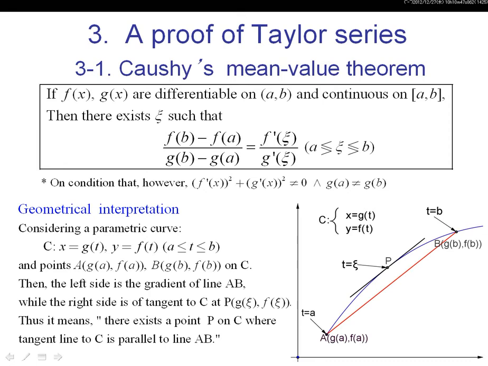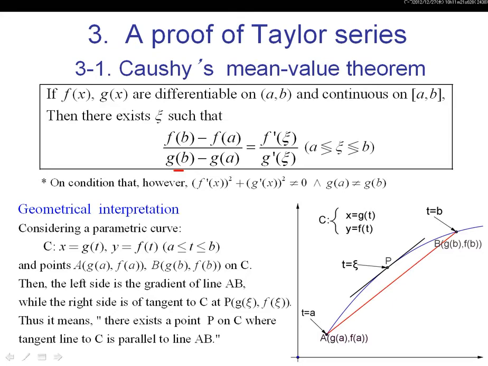And there is a geometrical interpretation which is very easy to understand. We make a parametric curve C by x equals gt, y equals ft, this blue one. And we take 3 points, point A and B and P. A is a point on C for t equals a. B is a point on C for t equals b. And P is a point on C for t equals xi.